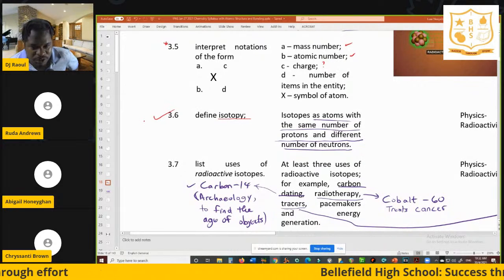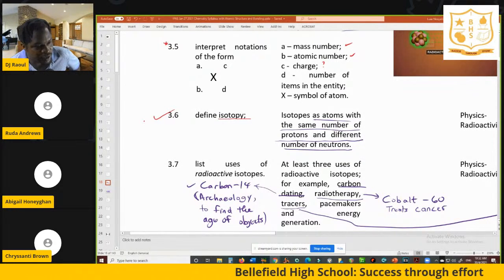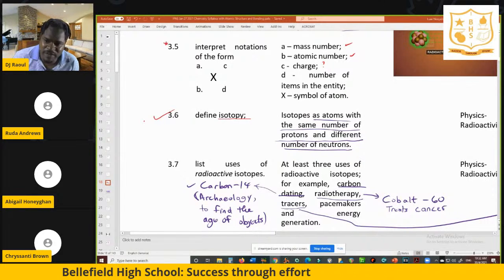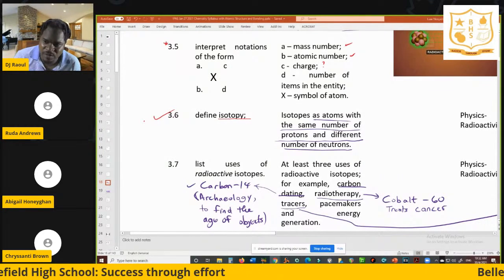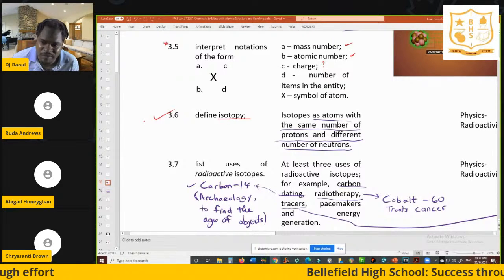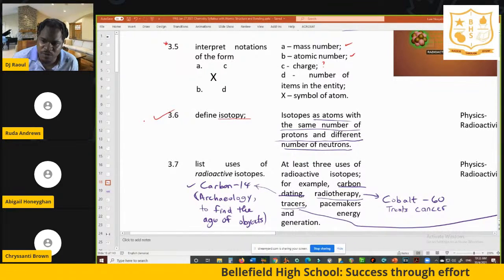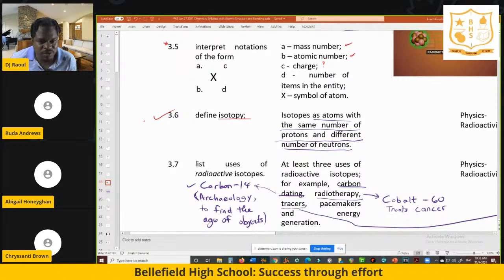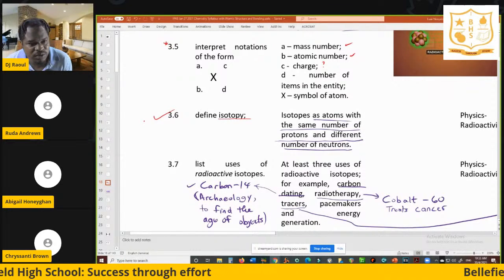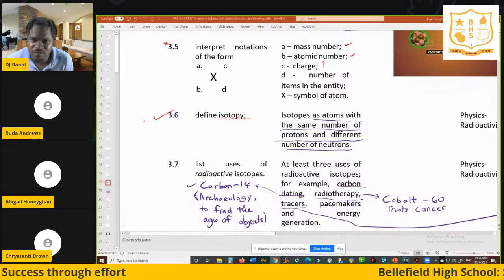They are the same tree, but they look different from the rest. In the same way, isotopes are defined as atoms with the same number of protons, meaning the same element, but a different number of neutrons. So some of these atoms will have a little bit different number of neutrons.